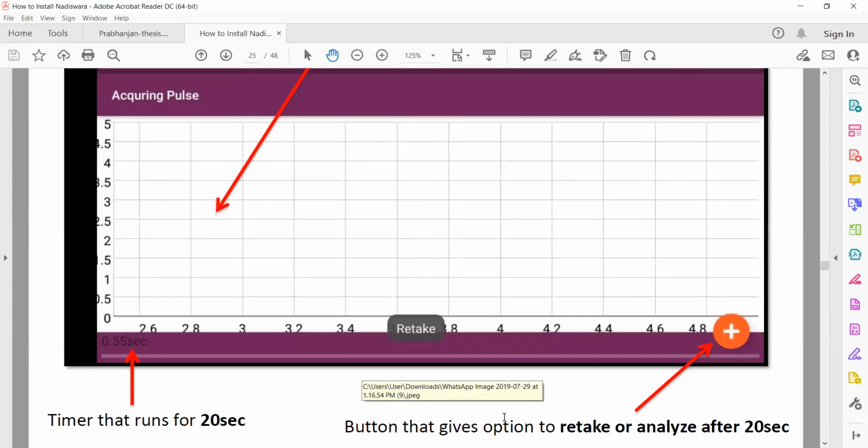We successfully tested this, because a few people asked for fewer seconds. I mean, 20 seconds is a very long duration for them to capture the pulse. They asked to reduce that duration. But if you reduce the duration, what happens? The number of samples will reduce. To make an accurate diagnosis, we need more samples.